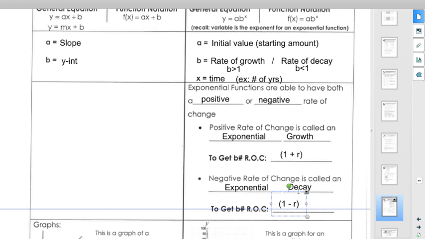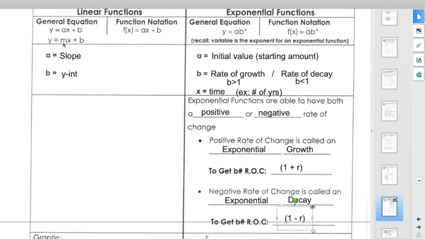So it's 1 minus r. But if it's above 1, we know it's a growth. So 1 is always our testing point, basically in this case. And if this seems like a lot, don't worry. We're going to need a lot of work with it. At one time, this probably looked really confusing to you too, but now we know it like the back of our hand.